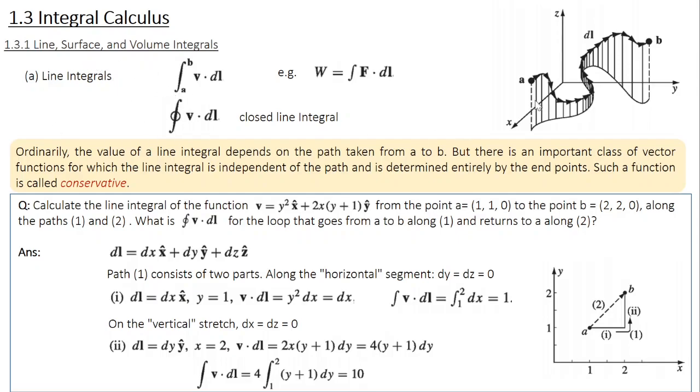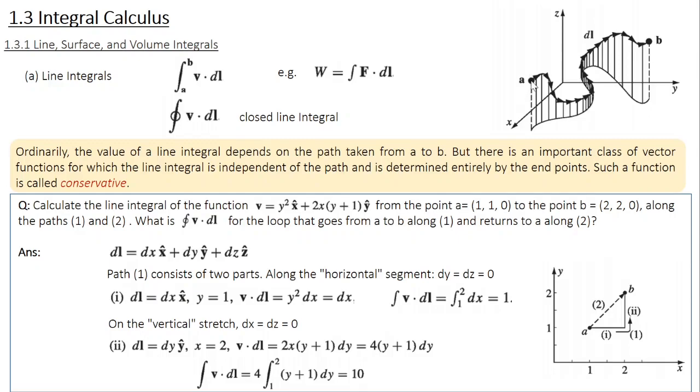Suppose you have a vector function v, which changes from point A to point B. Then the line integral of the function from A to B can be written as integral A to B v dot dl, where dl is an infinitesimal displacement, an extremely small displacement along the path from A to B.